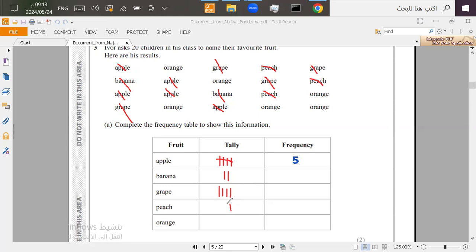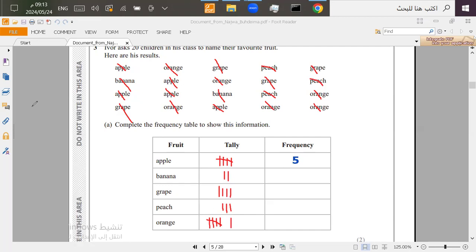And the last one is orange, so we have 1, 2, 3, and here 4, 5, 6. So there are 6. First, you do the 5. 1, 2, 3, 4, 5. And the 6th will be alone like this.